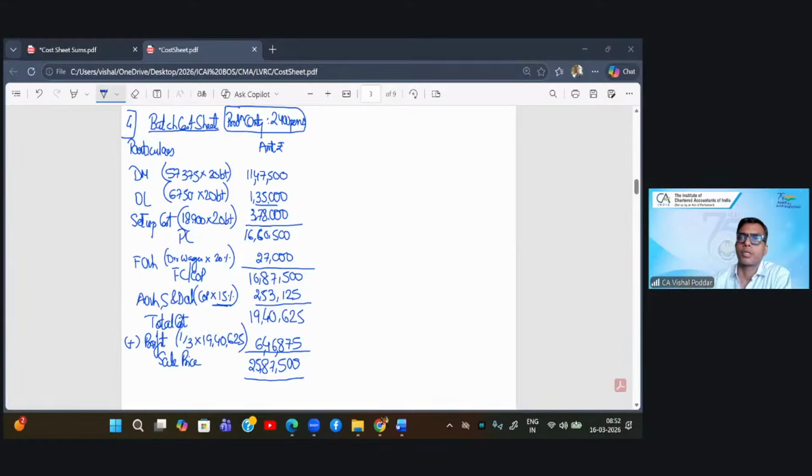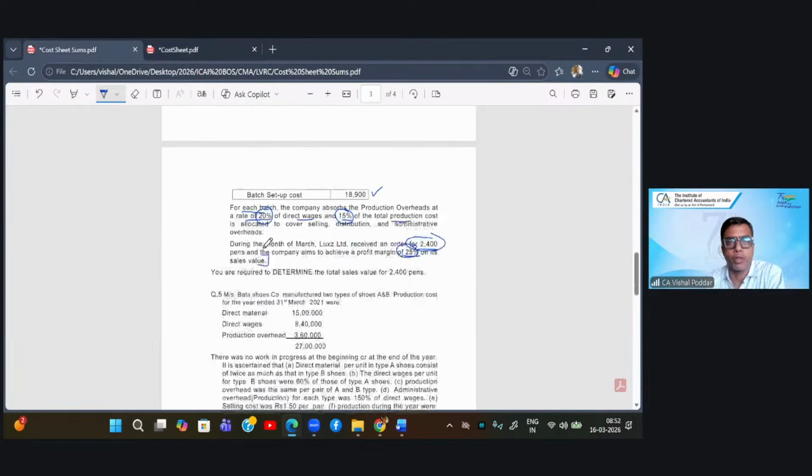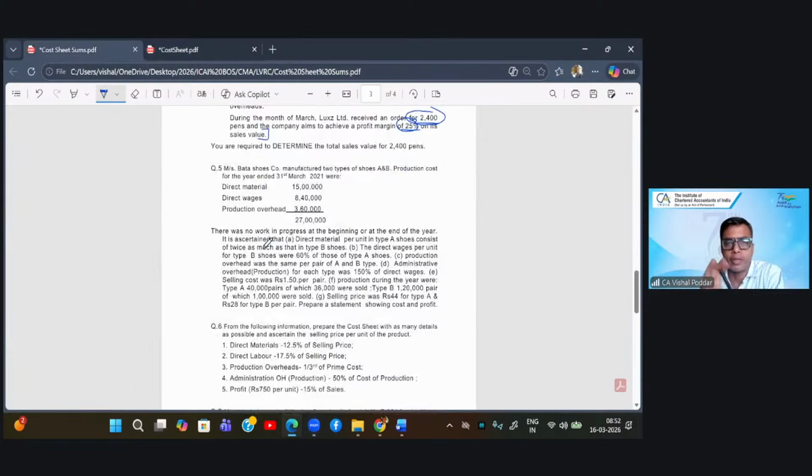Done, students? Have you well understood this? So this is a question where batch costing is used, and using batch costing, we are also preparing the cost sheet. Done? Now let us go to a sum where some part of mathematics is required.